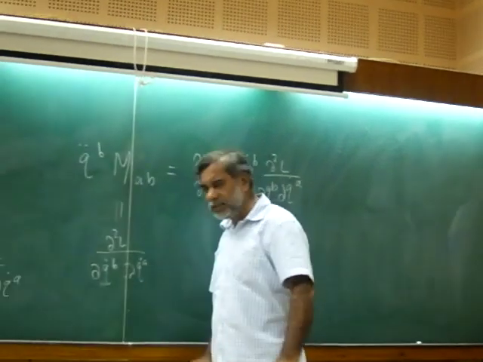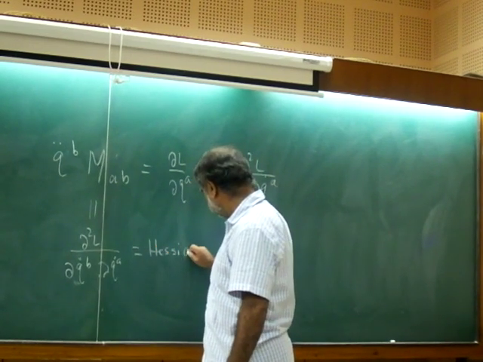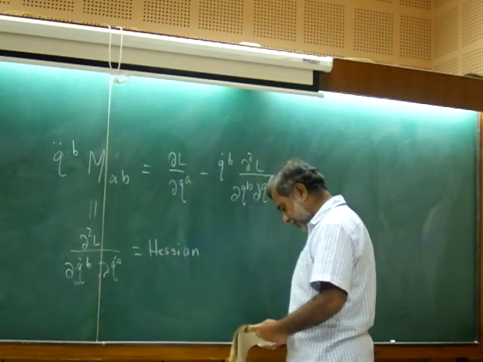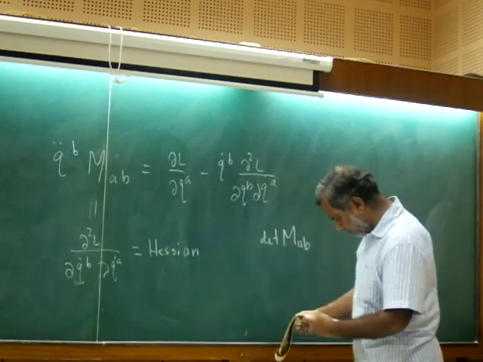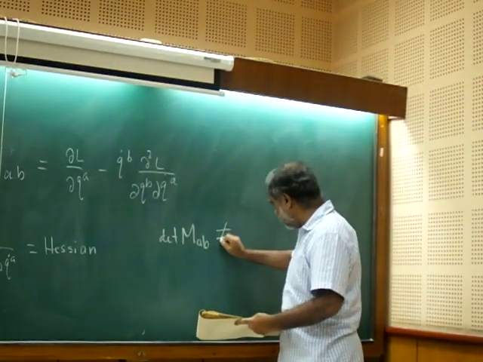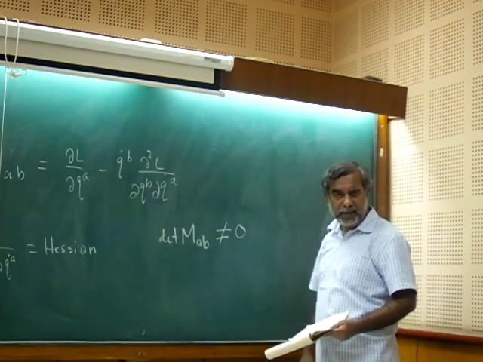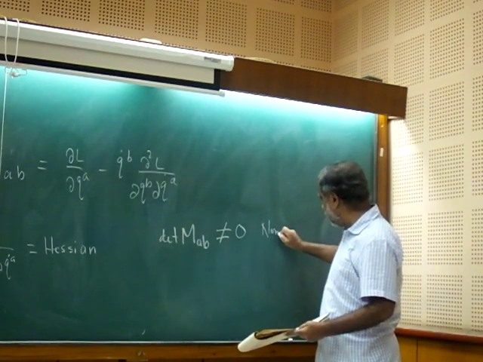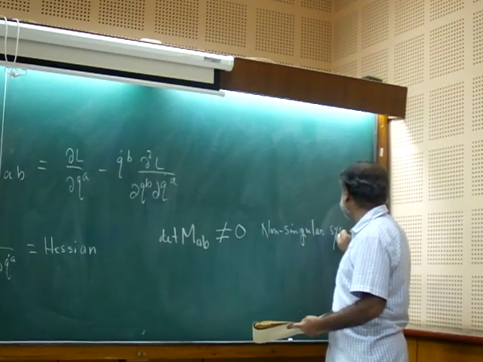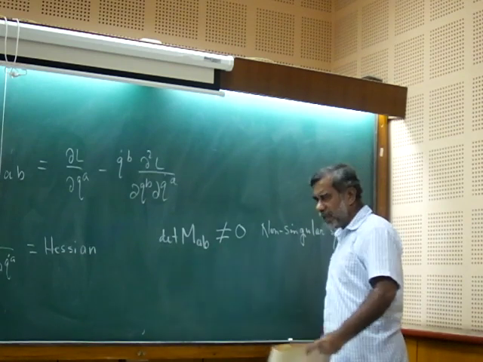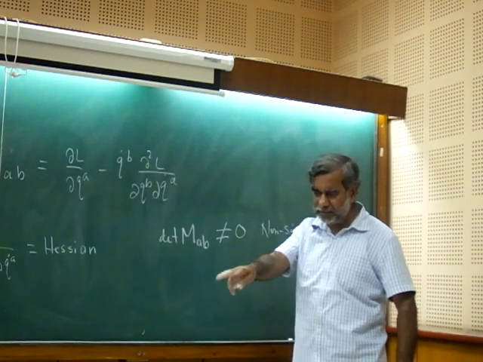This is actually known as the Hessian. This is called the Hessian. And if this is not equal to 0, then what? Then you can invert M_AB. So these are known as the non-singular systems, which I just gave an example of.